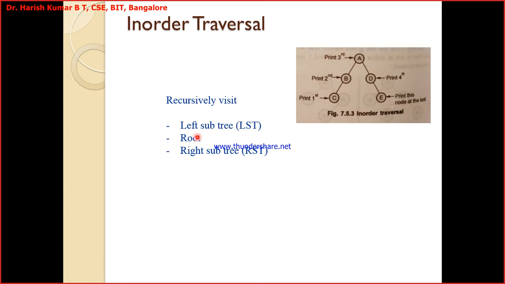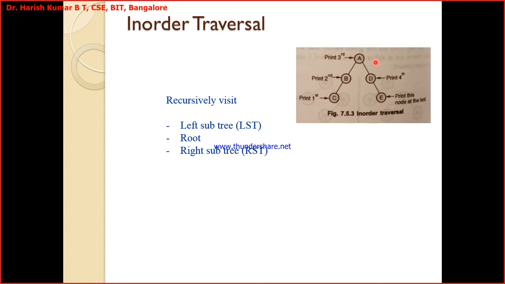Then recursively visit the root. Then recursively visit the right subtree, that is RST. So henceforth, instead of writing right subtree in full, I'll be writing it as RST. These three you have to remember. Recursively visit the left subtree, then visit the root node, and then visit the right subtree. So this is the Inorder Traversal.